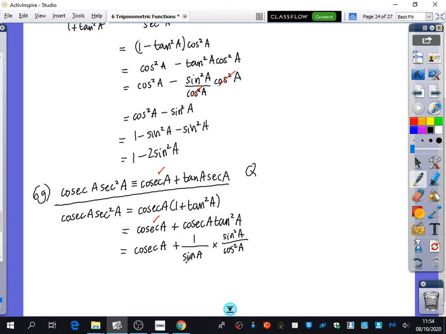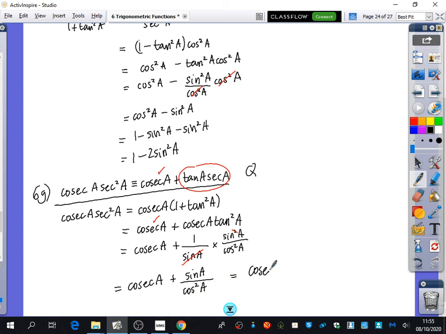So I can cancel now the sine a with the sine squared a. I can just remove the squared bit that I've got there. And I'm trying to show that this thing is the same as this thing, which I can see that it is, but I'm going to just make that super obvious. So that's cosec a. Combining these together, that is sine a over cos squared a.